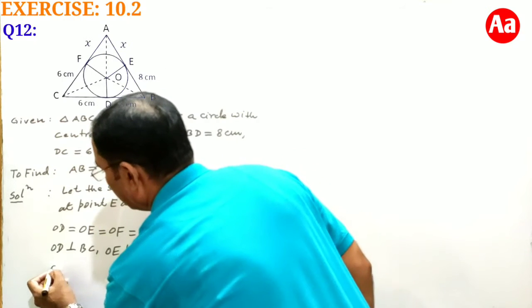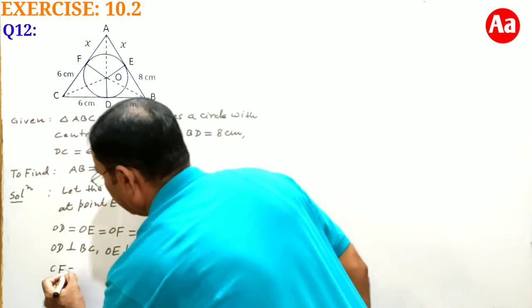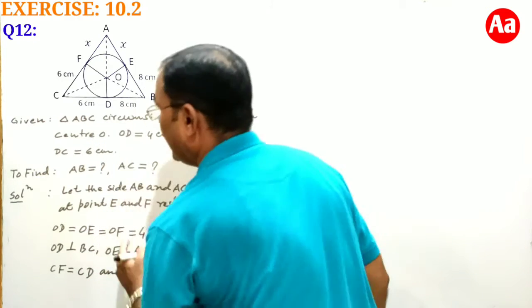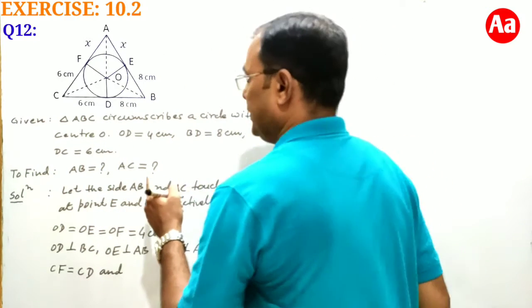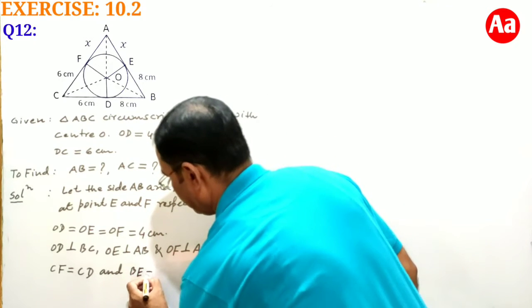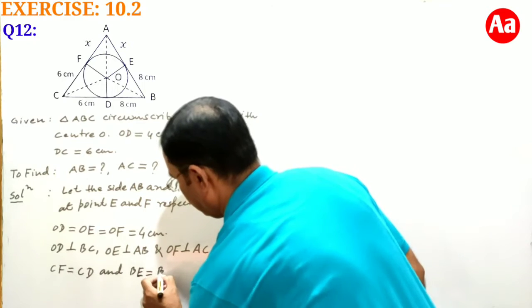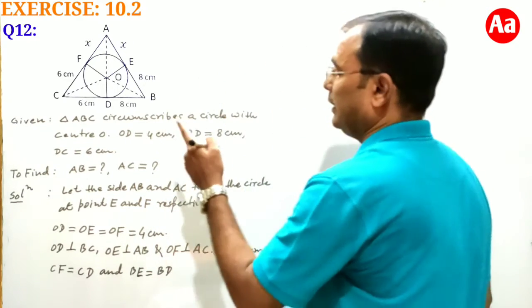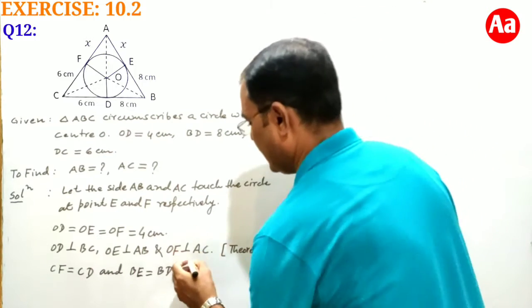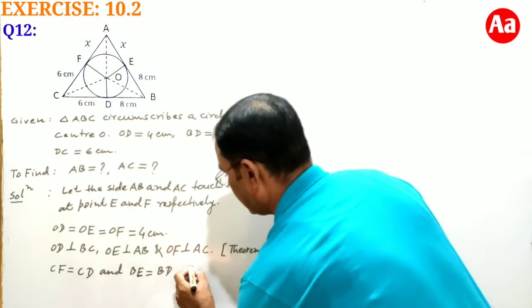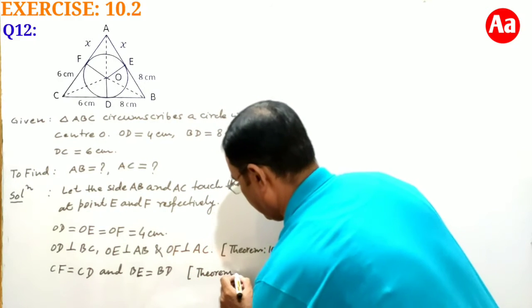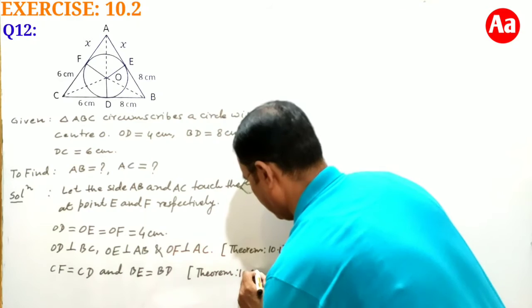CD, or we can write CF, is equal to CD and BE is equal to BD. Lengths of tangents drawn from external point to a circle are equal. So this is theorem 10.2.